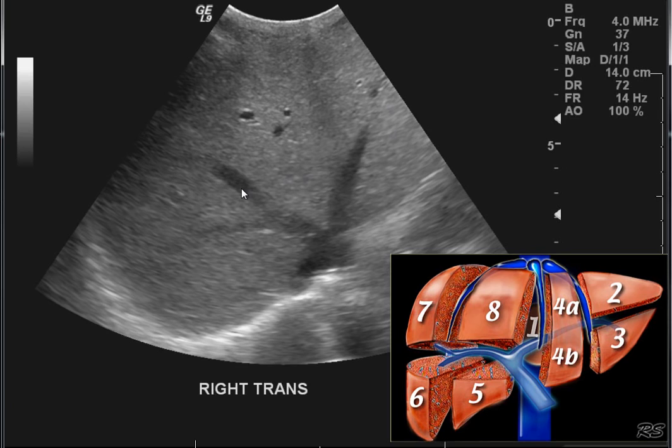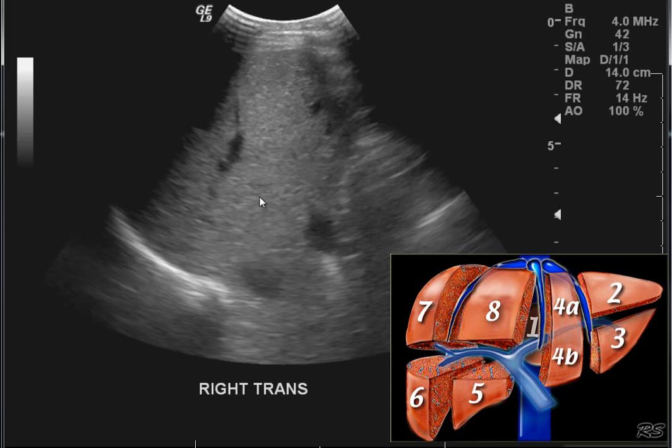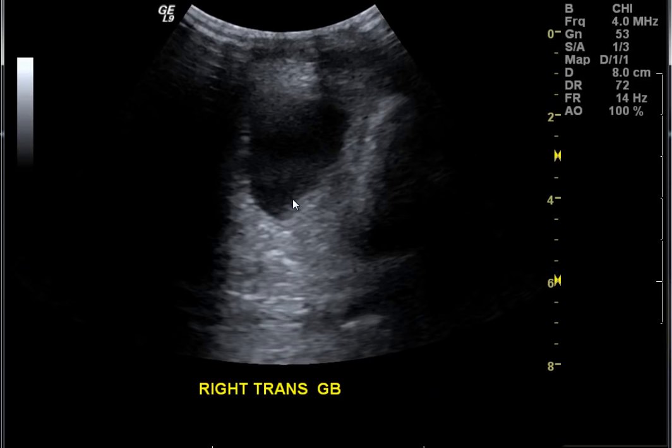Between the left and middle hepatic veins is segment 4A. And then segment 7 is under the right hepatic vein. And segment 8 is between the right hepatic vein and the middle hepatic vein. So you can see clearly that these portal segments have bright margins compared to the hepatic veins.